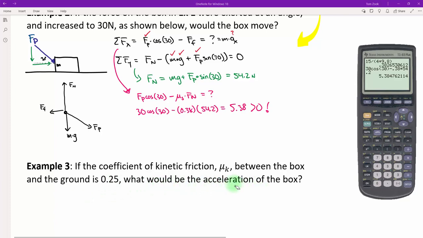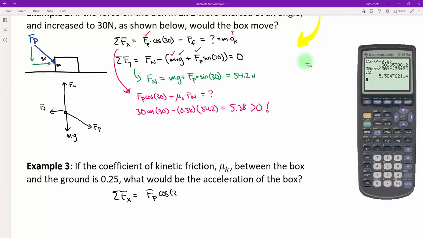So we're not going to have to write a single new equation. We already have the equation right here. Bloop. We just have to modify this sigma Fx and say, instead of static, let's say that it's kinetic friction. So if we rewrite the formula, the net force in the x direction is going to be Fp cosine 30.